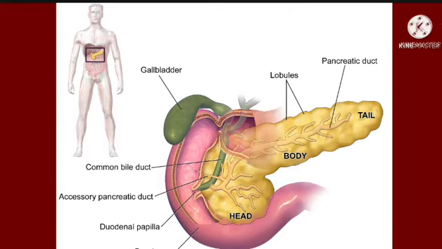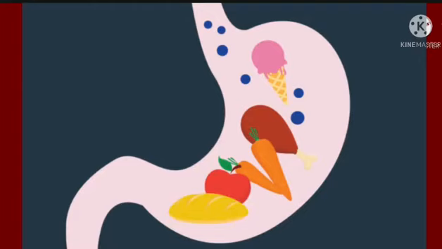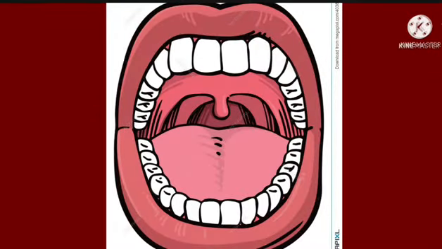Next, let me see digestion of food and the role of digestive enzymes. The process of digestion converts solid food into absorbable and assimilable form. This is accomplished by mechanical and chemical processes. Let me see how digestion occurs in the buccal cavity.